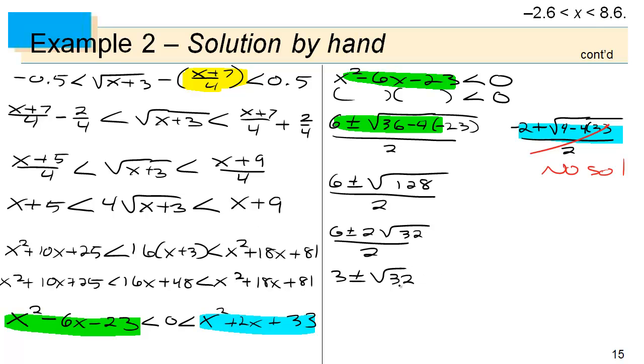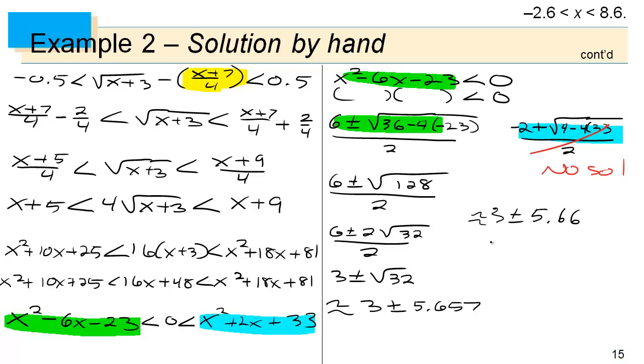In fact, if you do the square root of 32 in your calculator, you'll see that this is roughly equivalent to 3 plus and minus 5.657, which is basically 3 plus and minus 5.66, right?